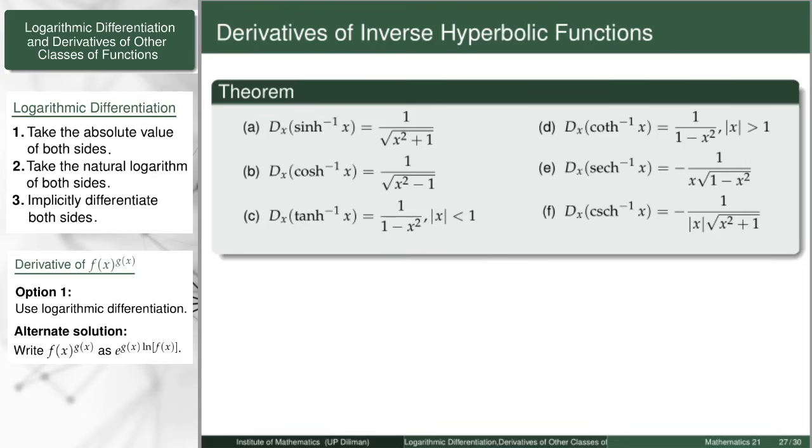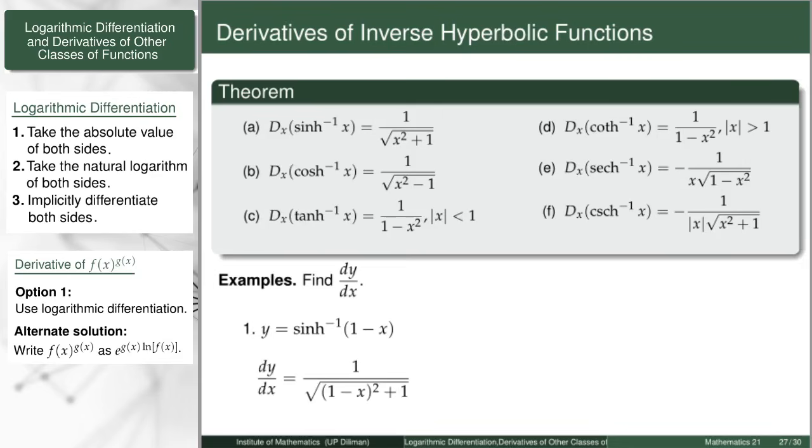Now, of course, since it's hard to memorize these, the best way to memorize them will be to do a lot of examples. For example, I want to get the derivative of sinh inverse of 1 minus x. Similar to the derivative of inverse circular functions, I just need to evaluate this quantity inside my derivative.